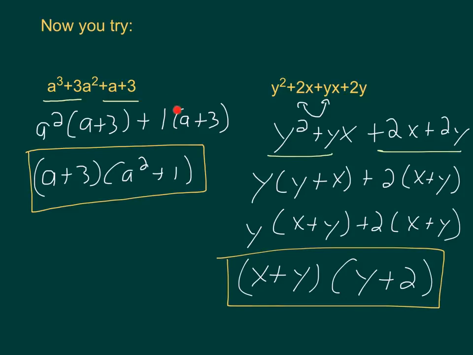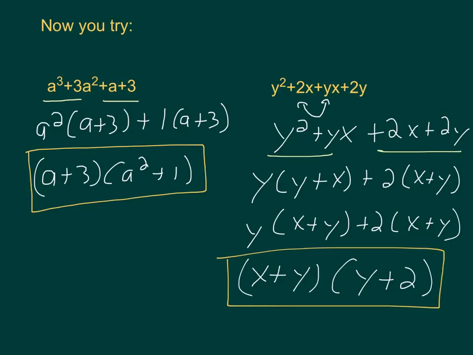So you have to make sure you have a plus 1 there, otherwise we won't get the a squared plus 1 correct. Also, a squared plus 1, even though a squared and 1 are both perfect squares, because it's an addition, it's not factorable. If it was a squared minus 1, I could factor it once more, making it a difference of squares. But in this case, I cannot because it's a squared plus 1.